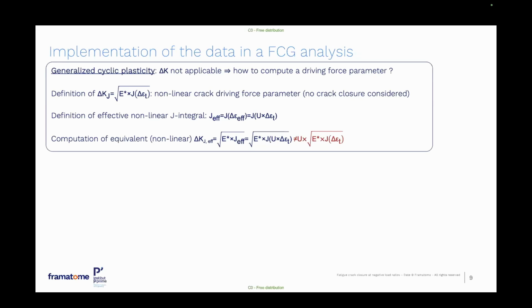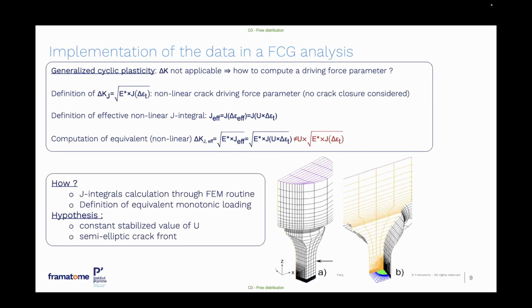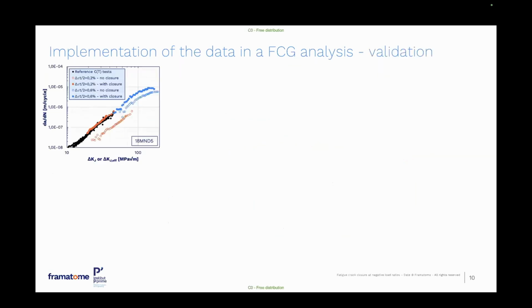But instead of considering the full range, we used the effective strain range experimentally determined in order to introduce an effective value of delta KJ. The J value was determined by a finite element analysis.